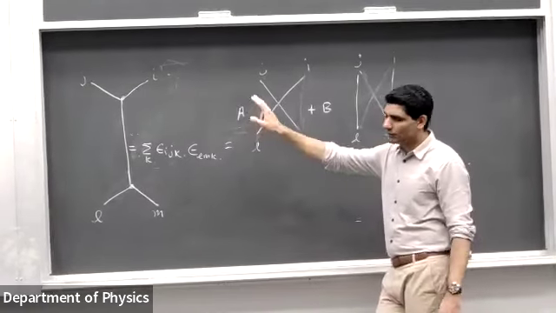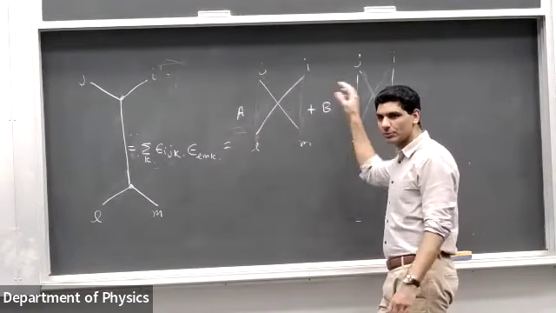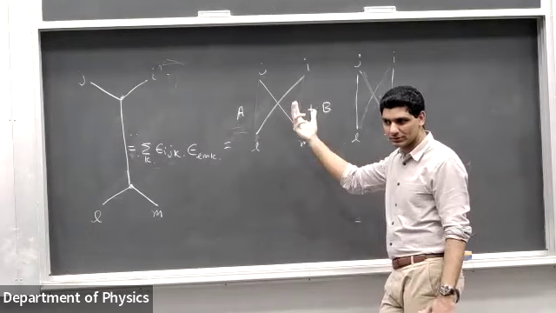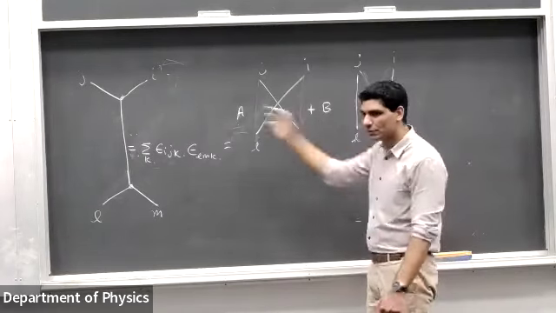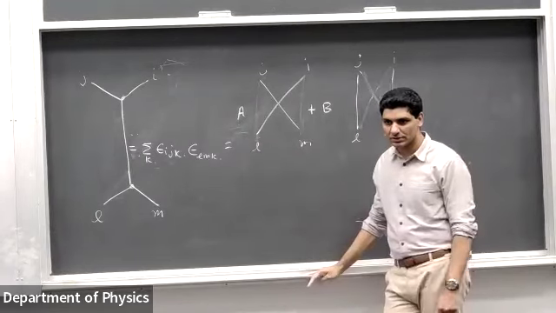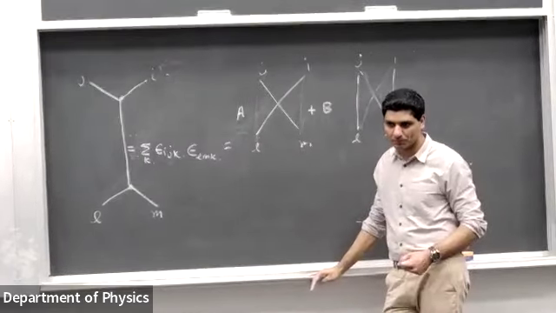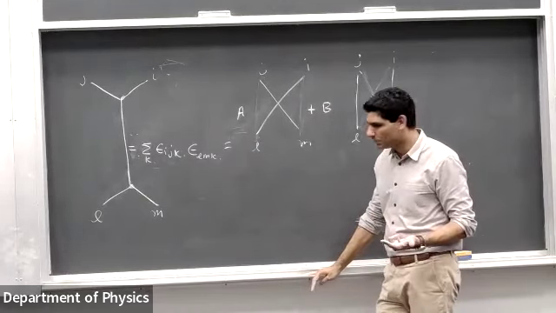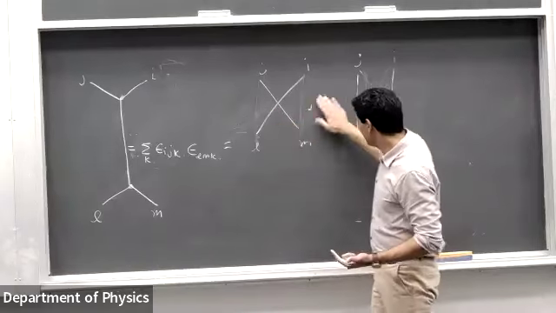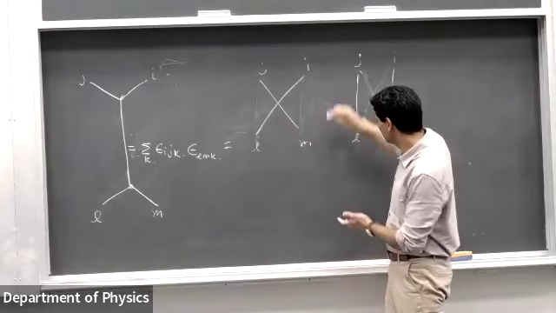Again, if I flip I and J, these two terms morph into each other, right? And I have to pick up a minus sign. That's what the left-hand side is telling me. How can that be? Well, the only way that's possible is if these two terms have a relative sign.